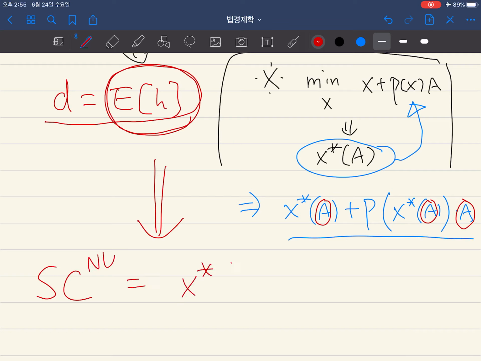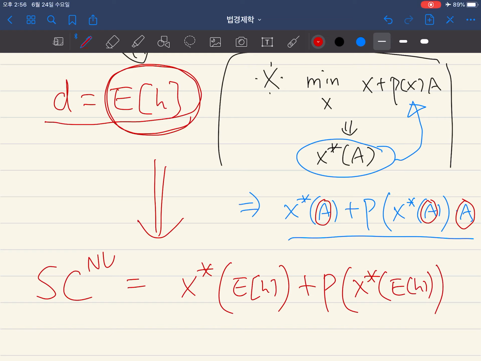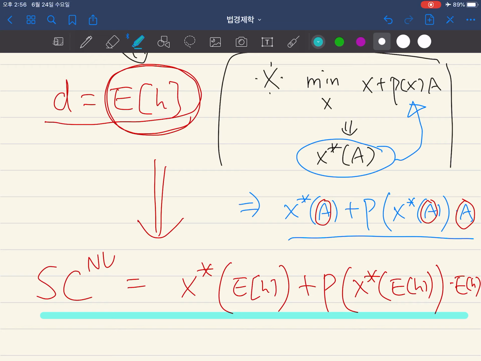As we did last time, we found this blue expression, social cost under no verification. And now we're going to calculate social cost under the verification process, and we are going to compare those two social costs.